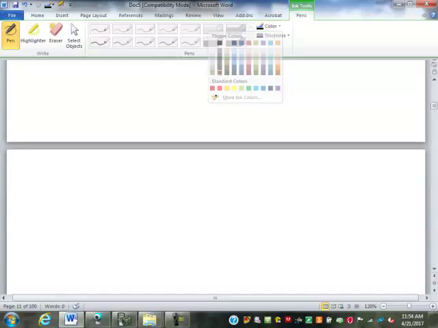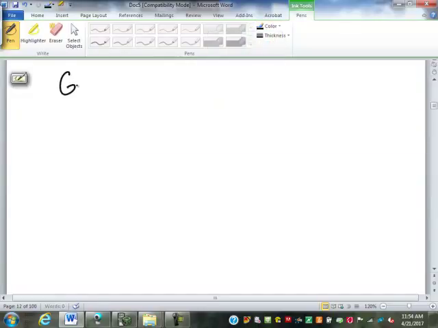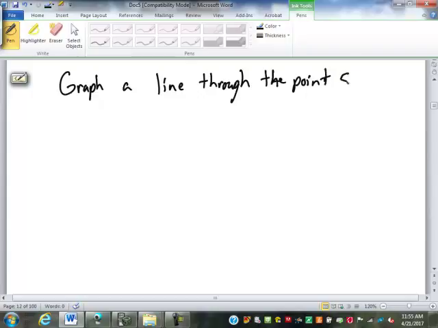If I want to graph a line that goes through a point, let's say it goes through the point 5, 2 and has a slope of 2/3.